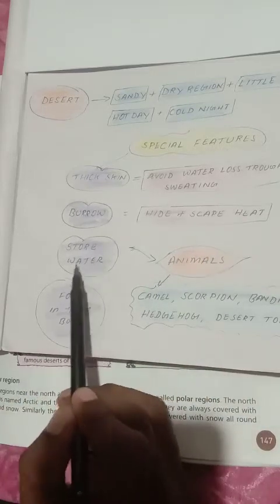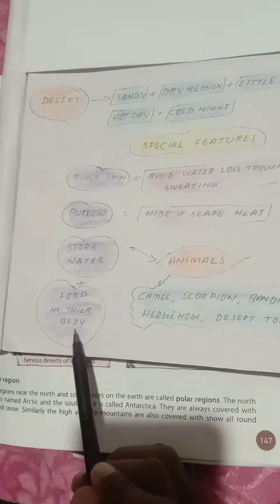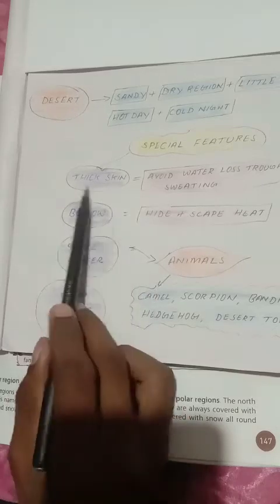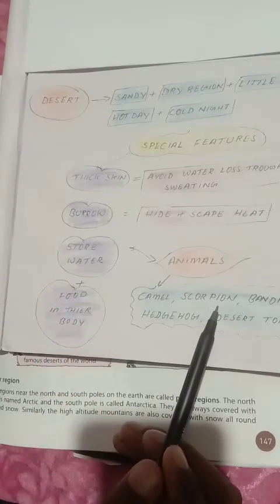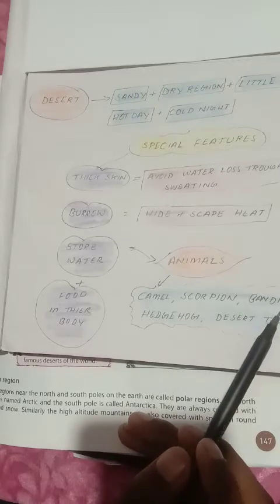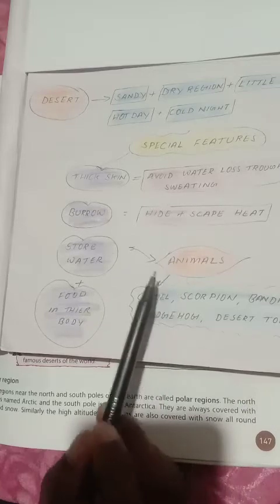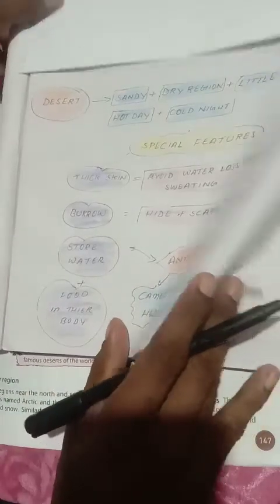Some animals can store water and food in their body. For example, the camel has thick skin. We also have scorpion, bandicoot, hedgehog, and desert turtles. These are the animals whose habitat is the desert area.